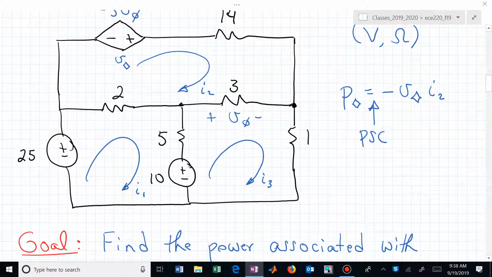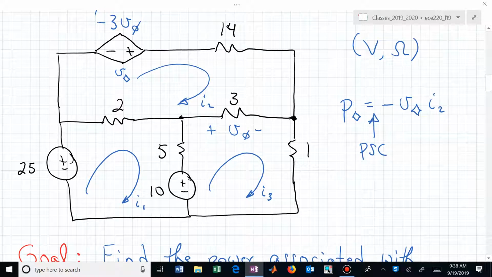Writing KVL then for mesh 1 is going to be minus 25 plus 2 times what expression? We're going from left to right, so that's saying I1 minus I2. Then we come down through the 5 ohm resistor, and that will be plus 5 times I1 minus I3 plus 10.